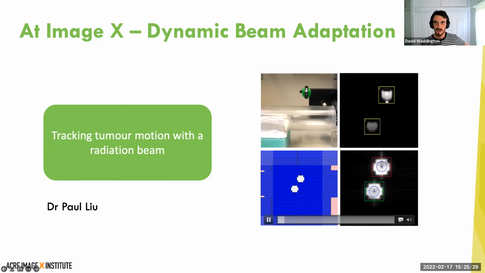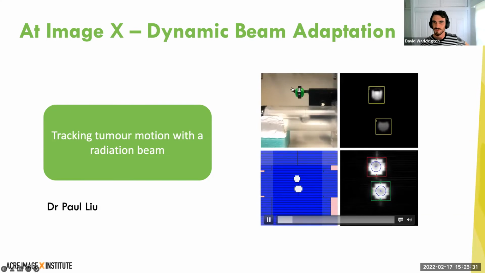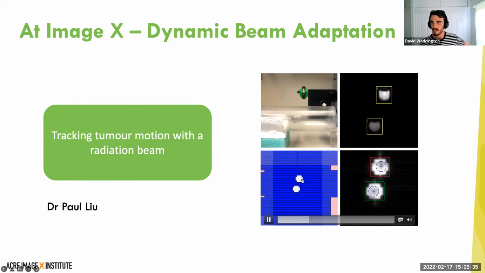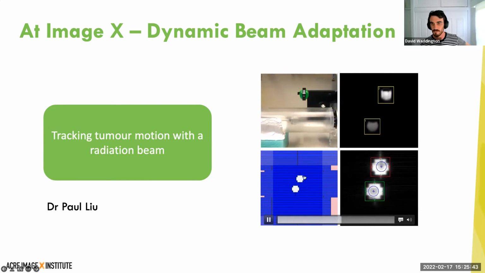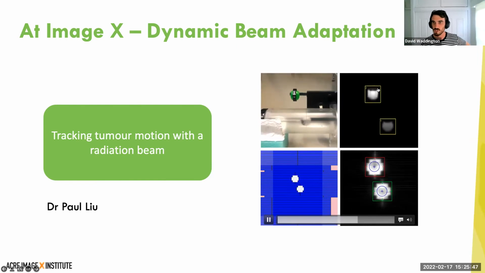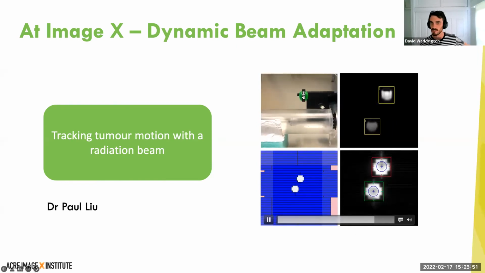We're using the MRI scanner to image those moving tumours in real time. Over here we have the multi-leaf collimator leaf pattern being sent across to track the tumour. And here we have the actual radiation being delivered to this phantom as a result of the imaging.